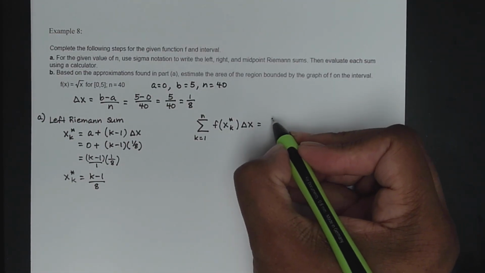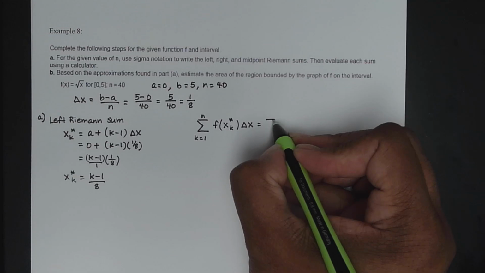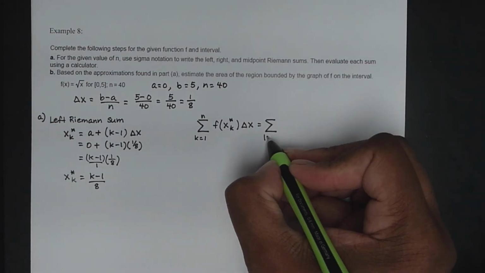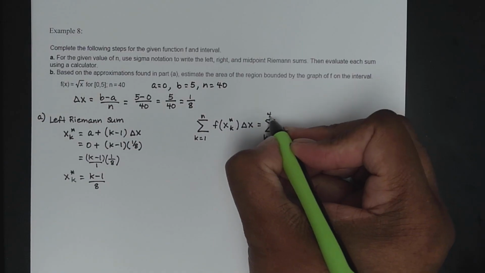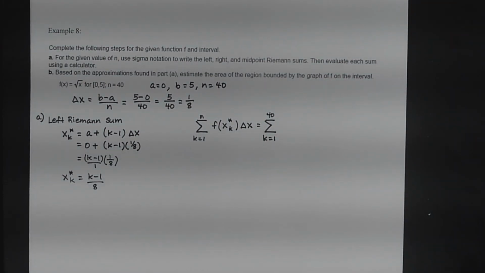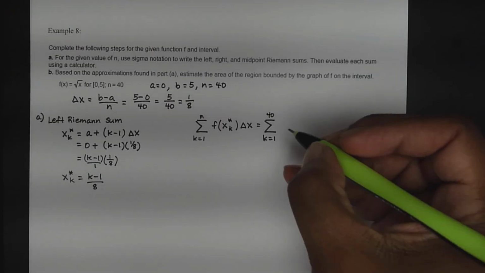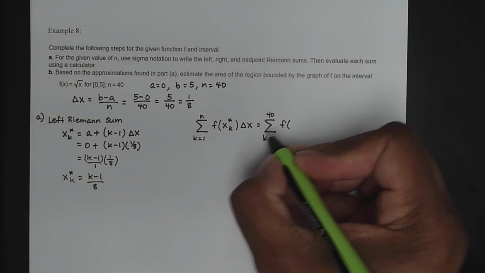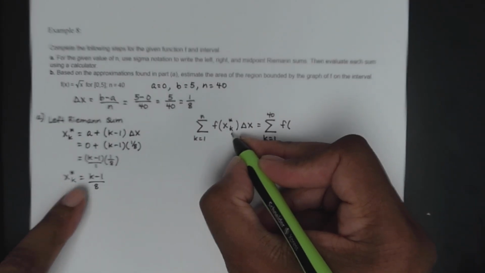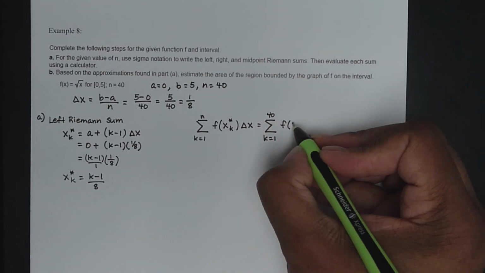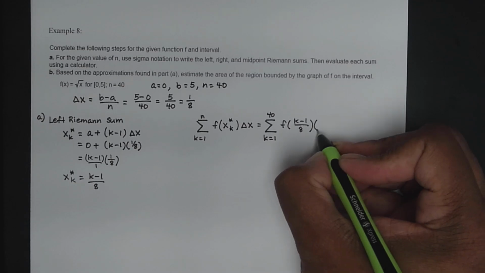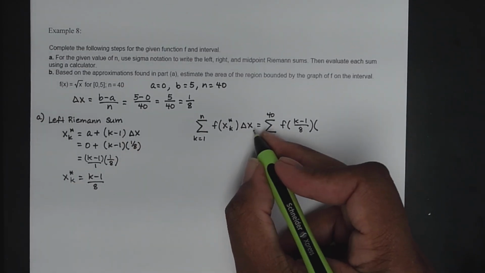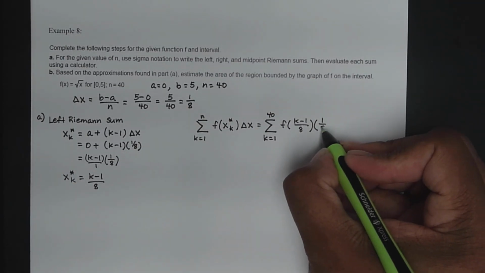And we're just going to do some substitution here in this case. We got the summation from k is equal to 1 to n, in this case is 40. So it'll be the summation for k is equal from 1 to 40 of f of x star sub k, in this case, is the k minus 1 over 8, times delta x. Well, delta x was 1/8.